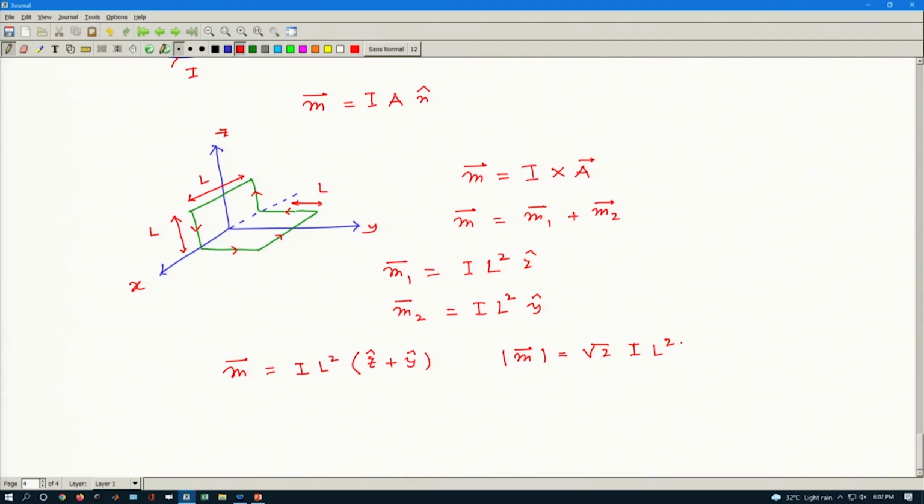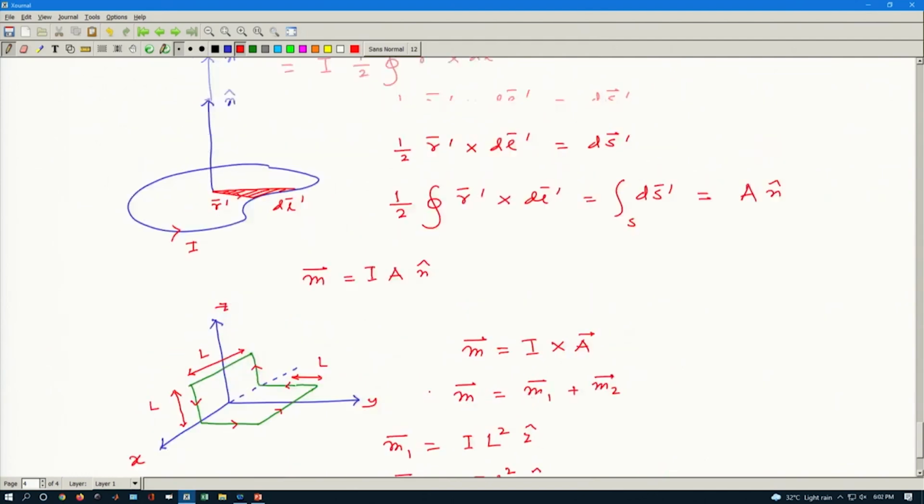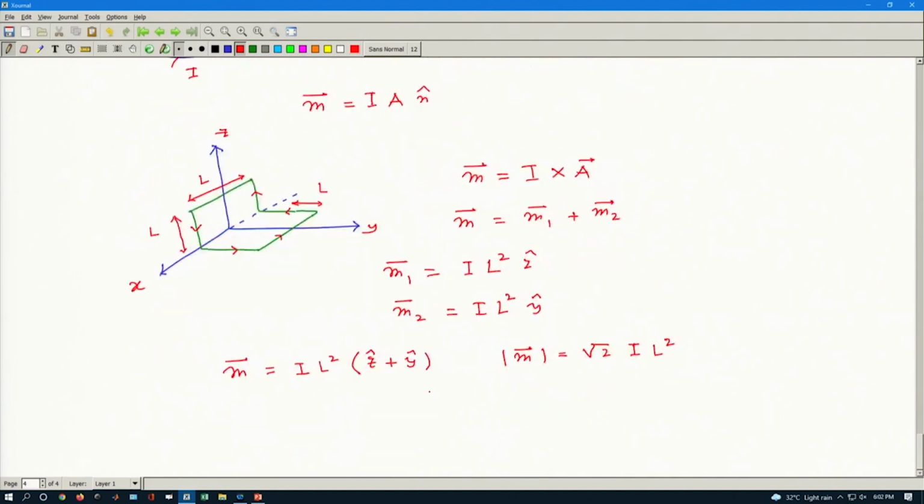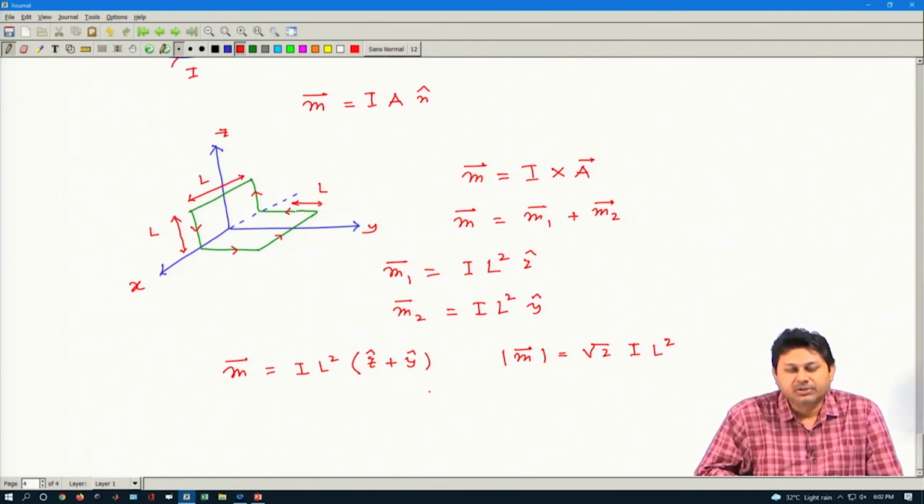So, I quickly tried to calculate two different cases, just to show how the magnetic dipole moment can be calculated when we have a loop which is not in a single plane. In the next class we will go further and try to understand more about the practicality of this magnetic dipole moment, and then maybe we can move to the magnetization problem, or before that we need to discuss the magnetic dipole moment in an external magnetic field.